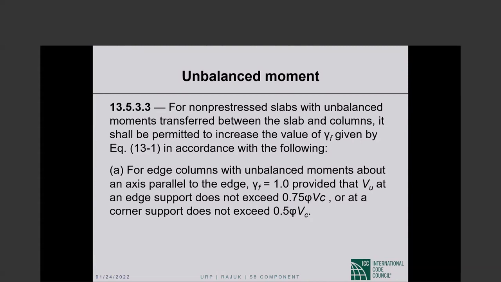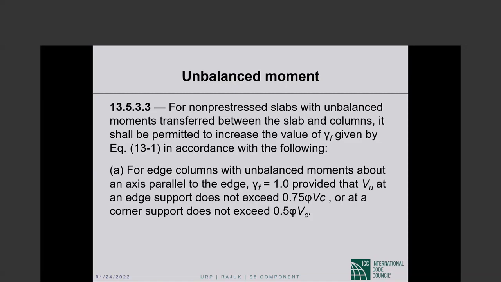For edge columns with unbalanced moments about an axis parallel to the edge, this is fancy language, but this is bending moment perpendicular to the edge. This is bending moment in the direction of analysis, the moment that interests us. Gamma sub F, which would normally be 0.6, can be taken as 1.0. Entire thing transferred by flexure, nothing by shear.